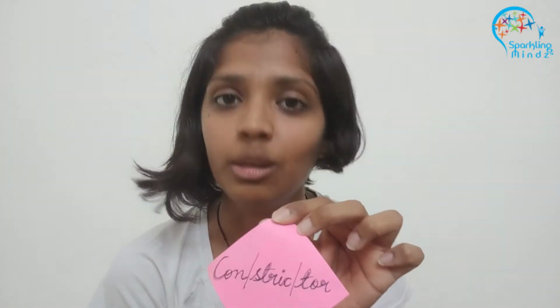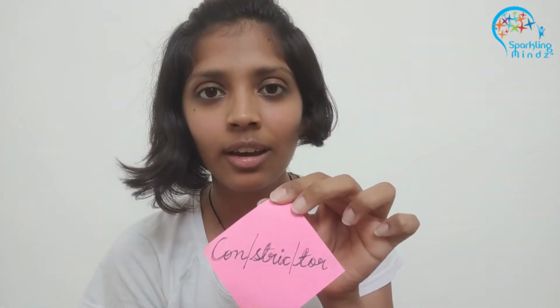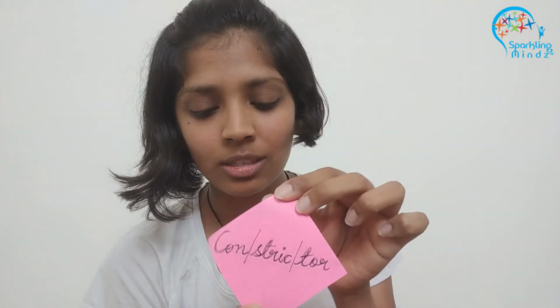This is how it looks. So I have con, which is one syllable, strick, which is the second syllable, and tor, which is the third syllable. So this is how you can break a really big word and read it, simplify it for yourself and read it with a lot more ease.